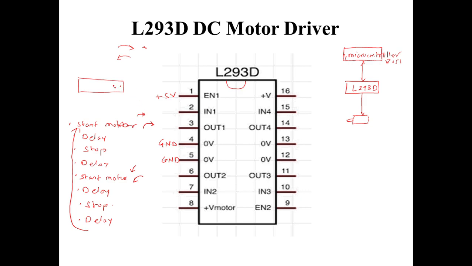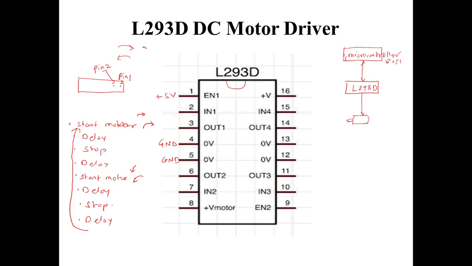This may be pin number 1, and this may be pin number 2. These two pins will be connected to the first input 1, and the other, pin 2, will be connected to pin number 7 of L293D.